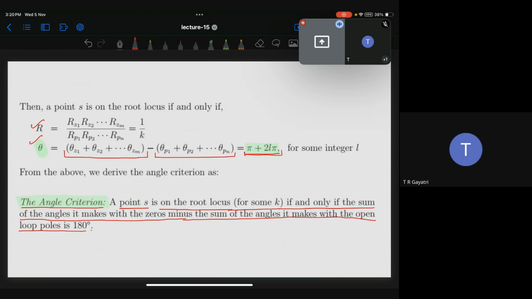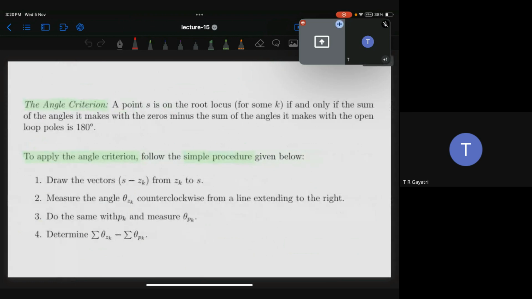Is this clear? Yes, sir. Then we can say that this point S is on the root locus. We'll see in the example clearly so that you'll understand it better. So this is the angle criterion.